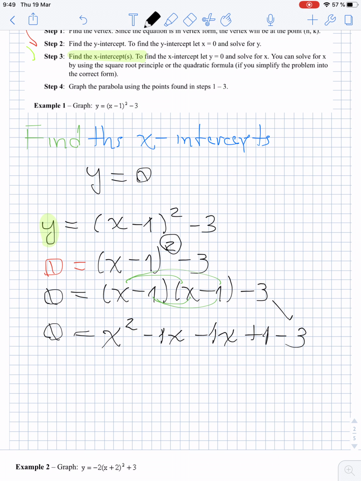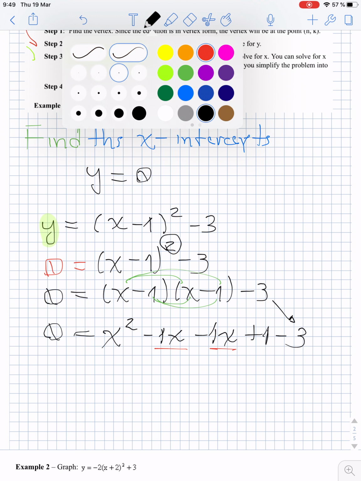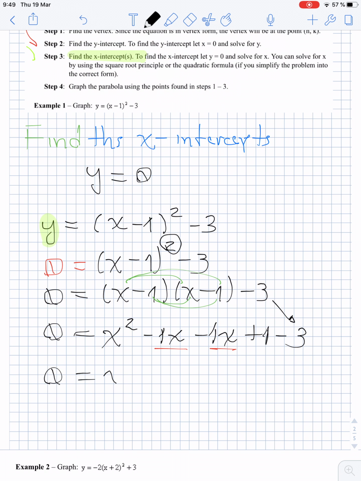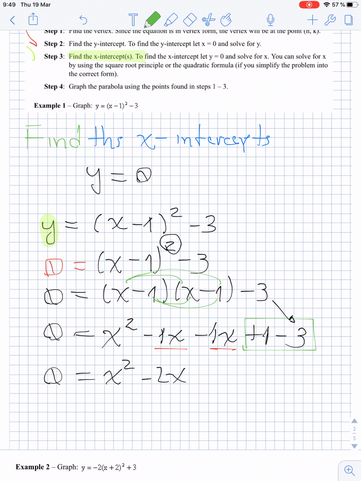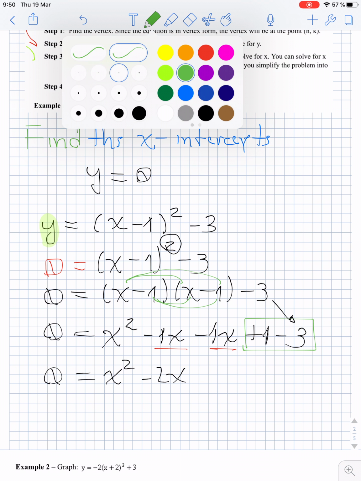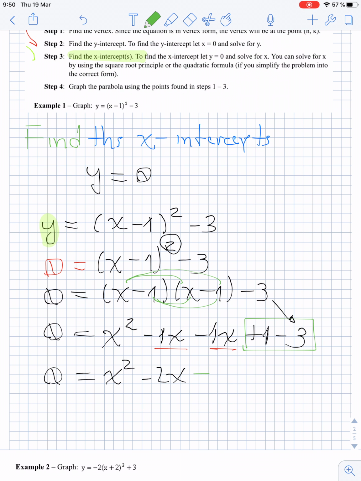After expanding and combining like terms, we will have x squared minus 2x, and plus 1 minus 3 is going to be minus 2.